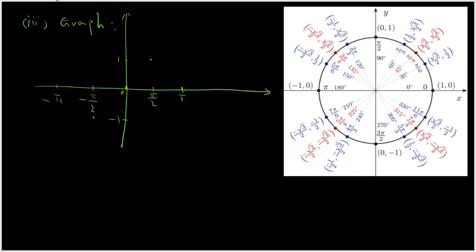You can kind of see it from the unit circle. It's something like this. That is the graph in between negative pi and pi. Of course, it goes forever in both directions.